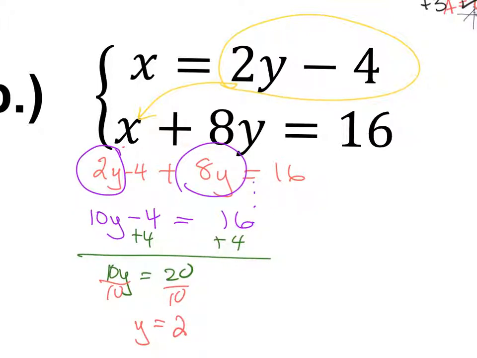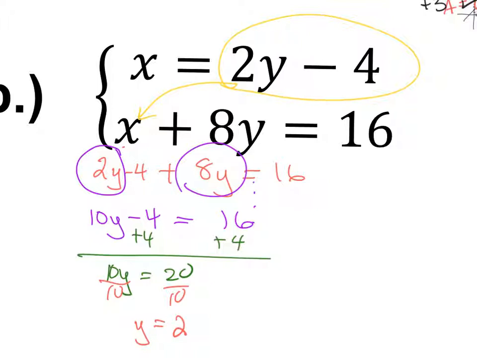Remember, the solution to a system of equations is always going to be a point, x comma y. So now that you found the y value, you're going to take that y value and plug it into one of the equations to get what the x value is equal to. This equation is the easiest to do that with because it tells you x is going to equal whatever this is, and you already know that 2 is what y is equal to, so you plug it in there.